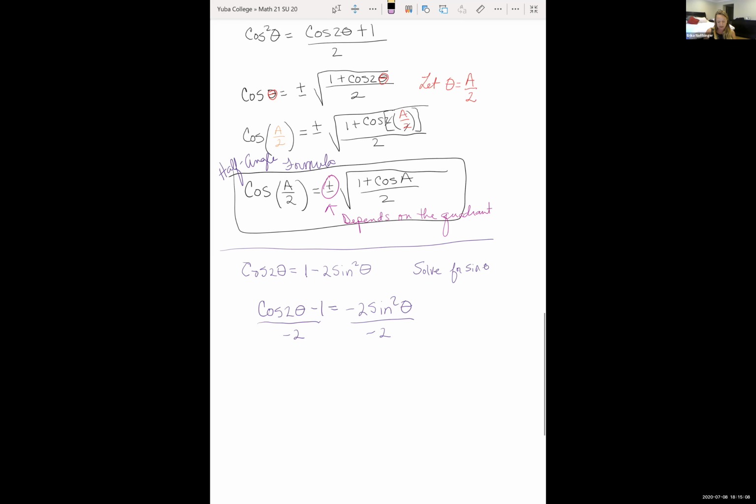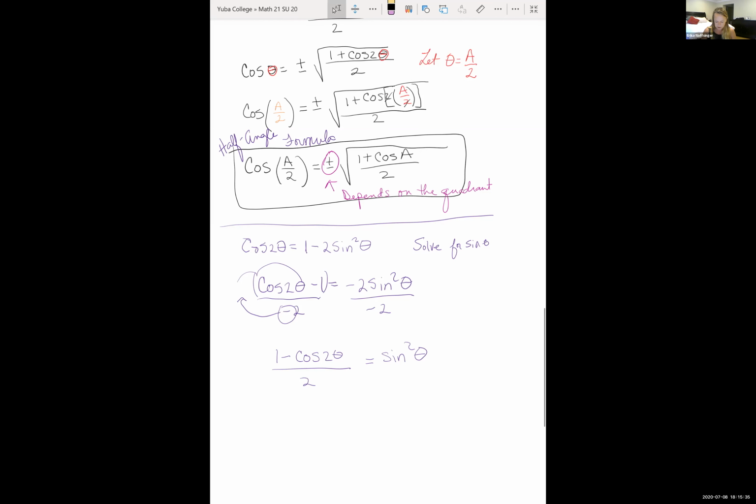That's identical to 1 minus cosine of 2 theta all over positive 2 equals sine squared theta.